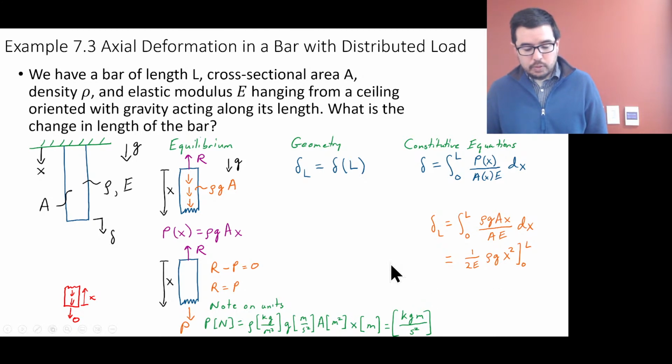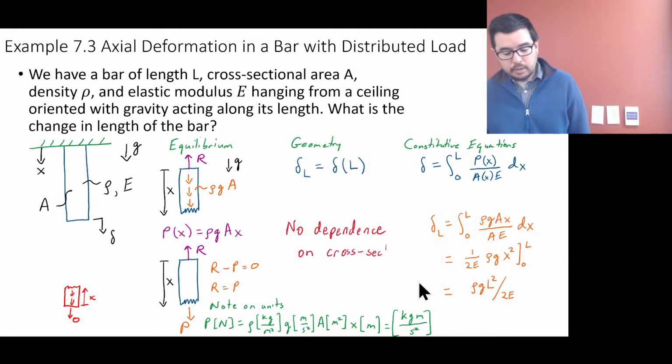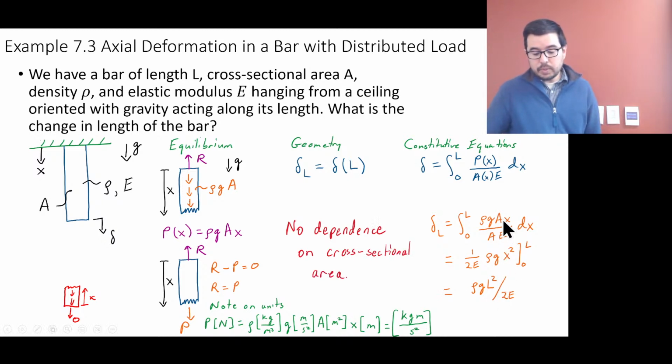Even without plugging in numbers, you see that these A's cancel out, so there's no dependence on cross-sectional area.